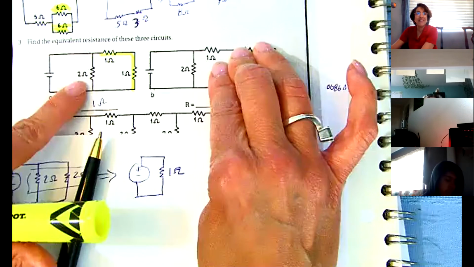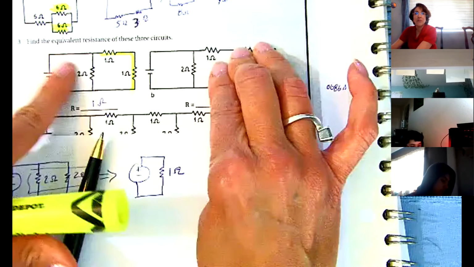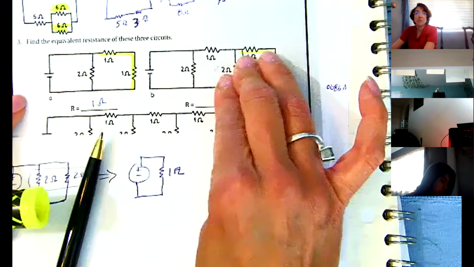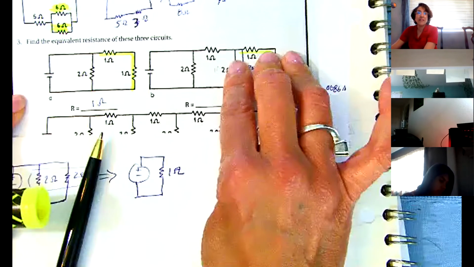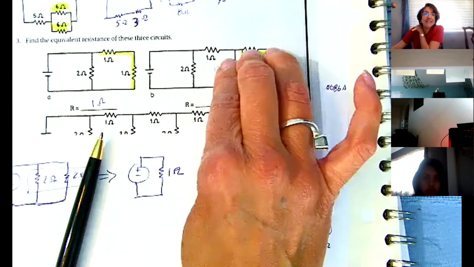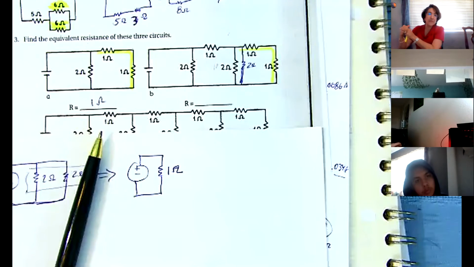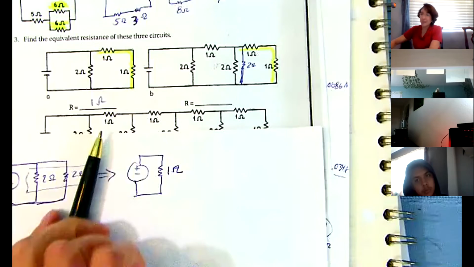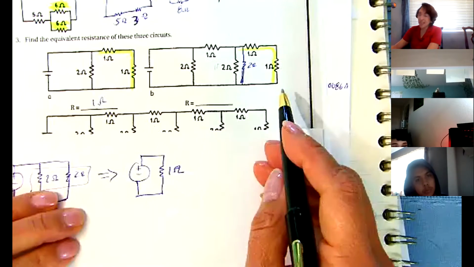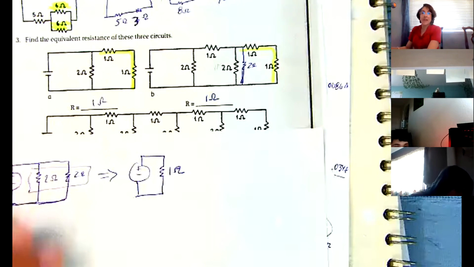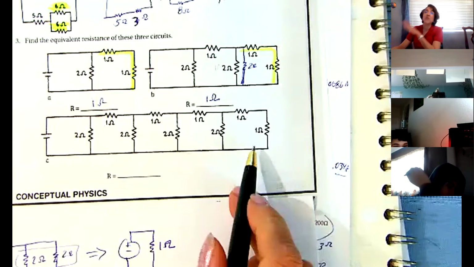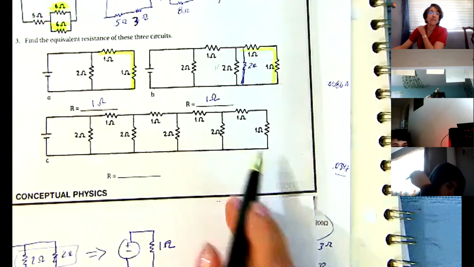There's the 2 ohm, there's the 1 ohm up there, and all this here became 1 ohm. So what is the equivalent resistance going to be? Carlos? 1 ohm. Yes, sir. I'm going to let you guys do this one and you'll find it's just the same thing.